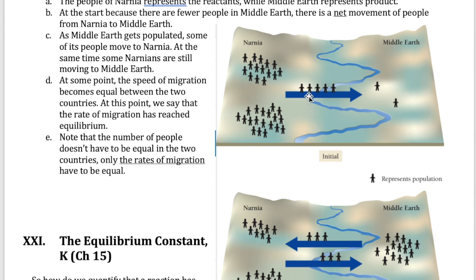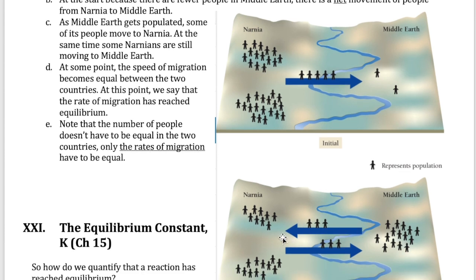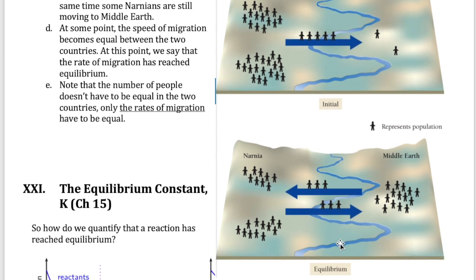So eventually, some of those people on Middle Earth are going to start to cross back. However, there are some people from Narnia who are still going to cross over to Middle Earth. And at some point, the rate of migration, in this case of going from one to the other and vice versa, are going to be equal to each other. And that's when we reach chemical equilibrium. And that's the same exact thing with reactions.